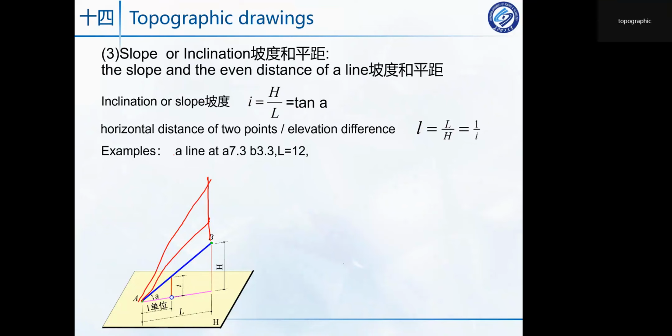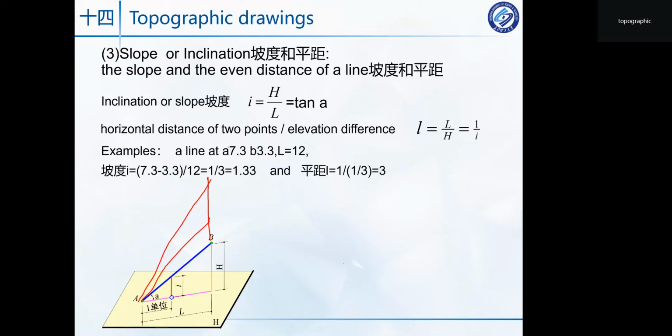For example, if a line at A has an elevation of 7.3 and the next point is 3.3 and the L, this distance, is 12. So let me calculate the slope i.